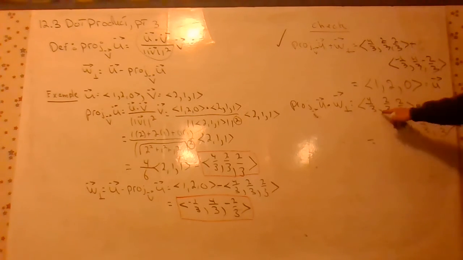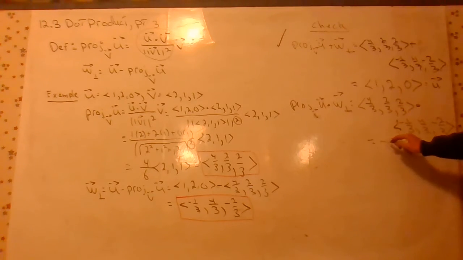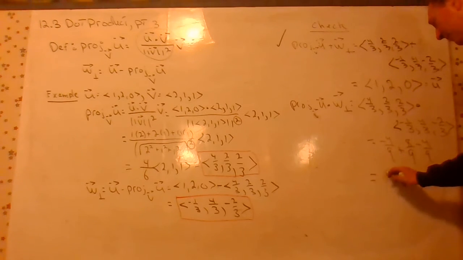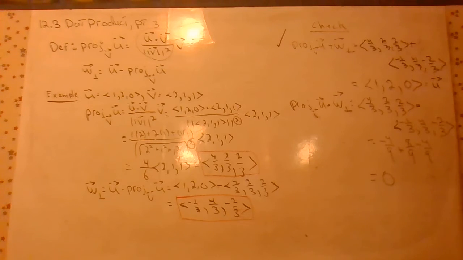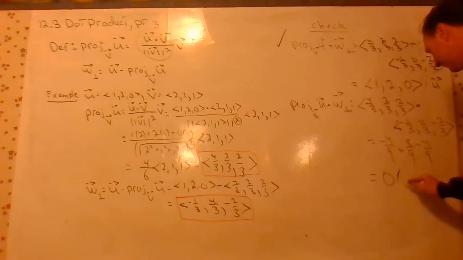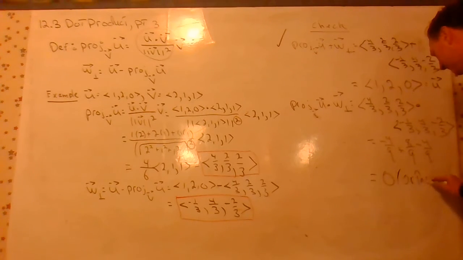Then we end up with 4/3 times negative 1/3 is negative 4/9. 2/3 times 4/3 is 8/9. 2/3 times negative 2/3 is negative 4/9. And guess what? We get 0. And 0 means orthogonal.